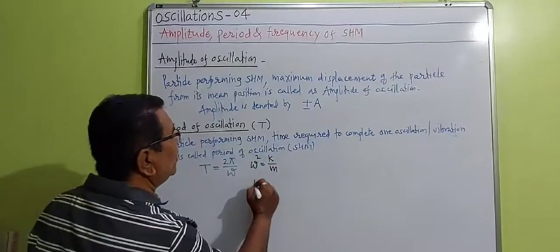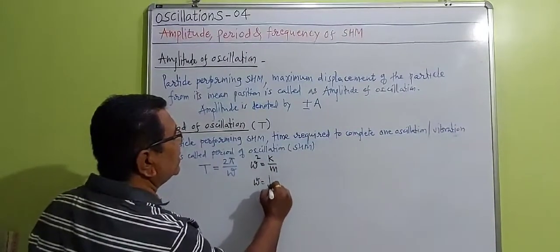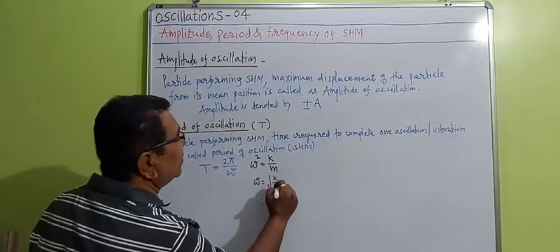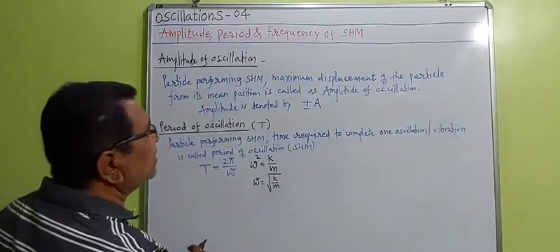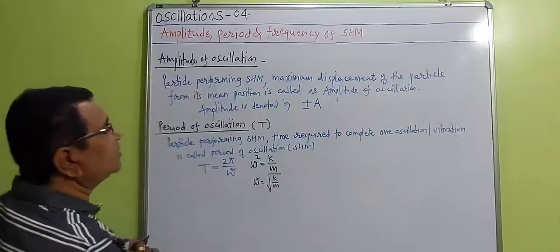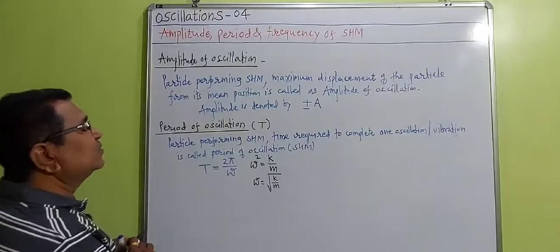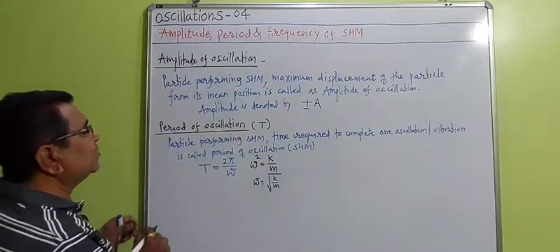Therefore omega is equal to square root of k by m, where k is the force constant and m is the mass of the body which is oscillating to and fro.